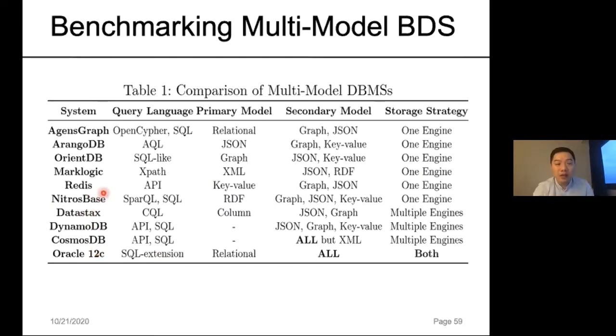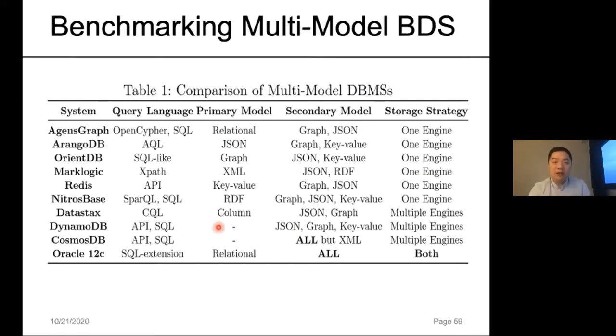For example, Redis is the original key-value database, and now it adds the graph and the JSON module on its key-value store. And there are also cloud-based databases like DynamoDB, which utilize multiple engines with corresponding APIs to support multimodal data like JSON, graph, and key-value.